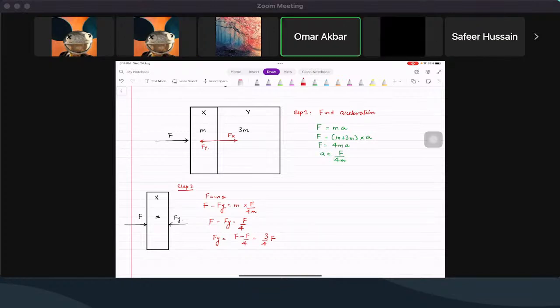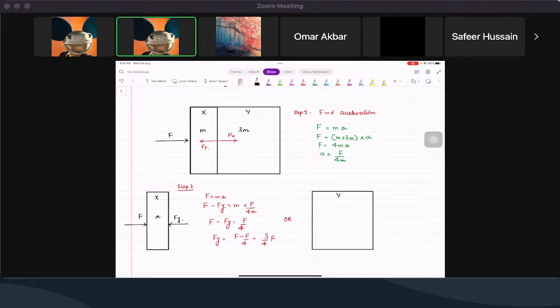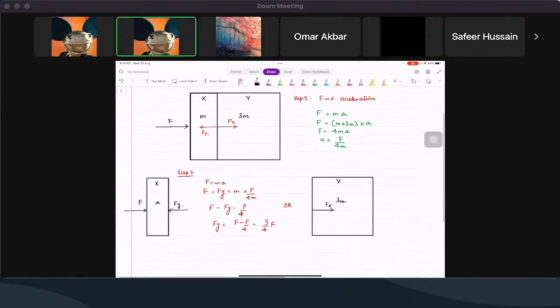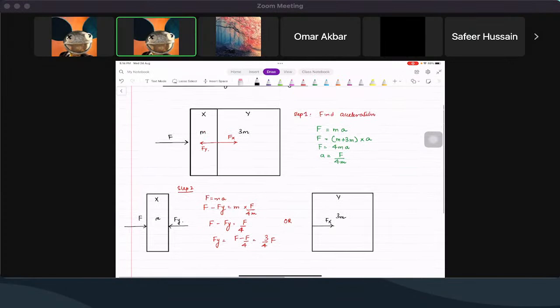Yes, sir. Now Fy and Fx are the same, we know, but if you really want to prove it, you can take the other block as well, y. So on y, there was only one force, which was Fx. So I'm going to say, okay, F equals ma.